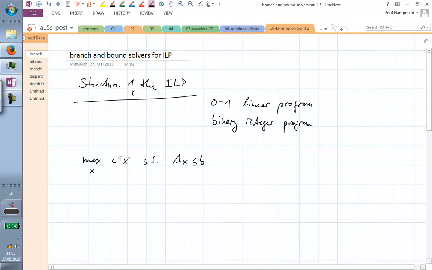And as written here, this would be a linear program which is convex. But if we impose in addition that each element of x should either be 0 or 1, then this is an integer linear program which is non-convex.